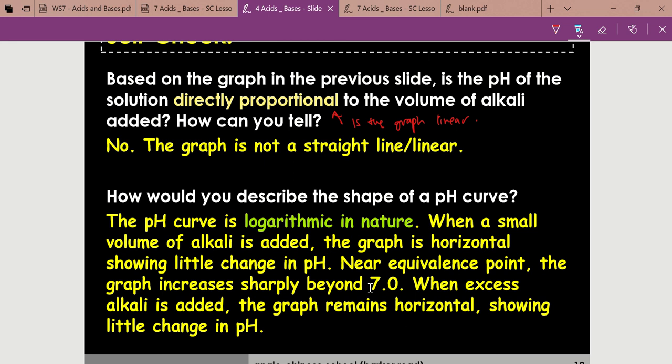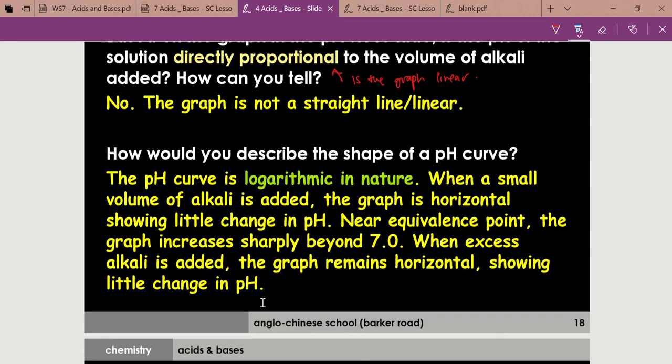Once it passes the equivalence point, once it passes the end of the neutralization reaction, it will mean that I have added in excess alkali. So that's when it says over here, when excess alkali is then added, the graph remains horizontal because there's no more acid, right? So there's no more reaction. So that's why it shows the actual value of the alkali in the end.